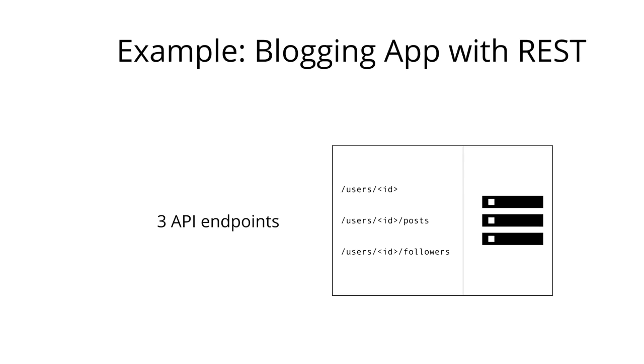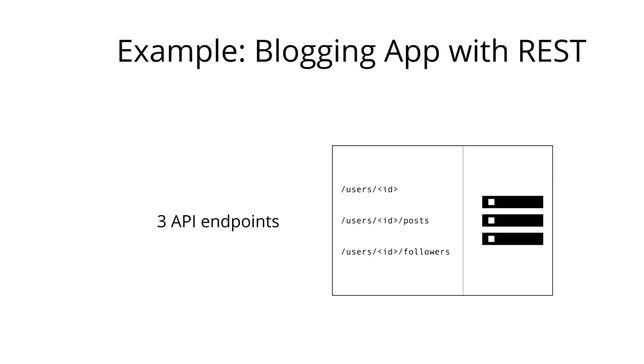In REST, we would typically have 3 different endpoints that would allow us to fetch the required data. The first endpoint is the user's ID endpoint, where we can obtain the information about one particular user that's identified by the ID that we are passing in the URL.